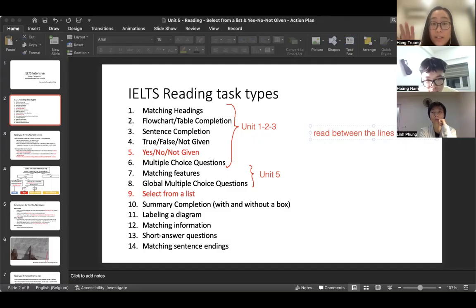And the reason why I'm mentioning reading between the lines is because when I teach IELTS, especially IELTS reading, I always consider this task type, yes, no, not given, to be the closest type that you might see in a real academic setting, in which you have to read proper articles that are published by well-known authors or by very established publishers.